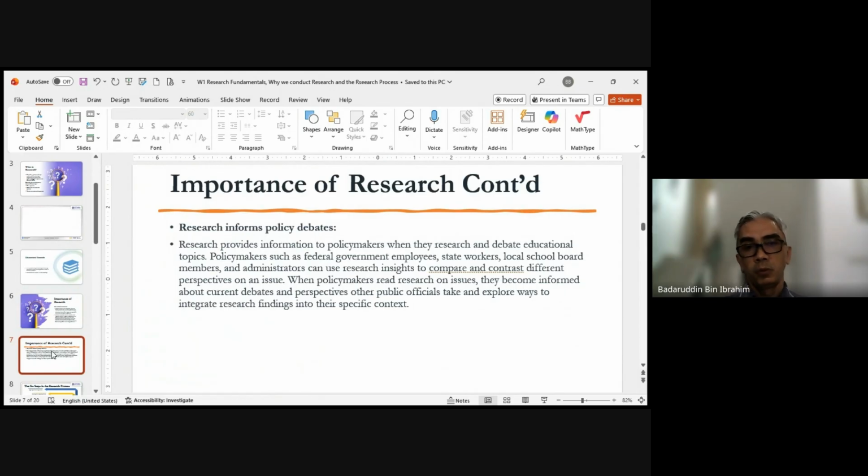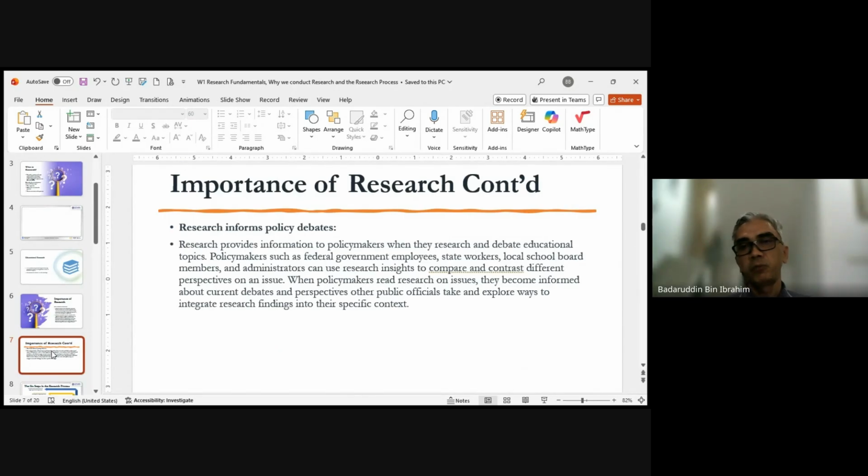So this is important. We conduct research to inform policymakers, to inform the governments, to inform the institution, to inform our superior. Okay, that this is what happened on the ground, for example.